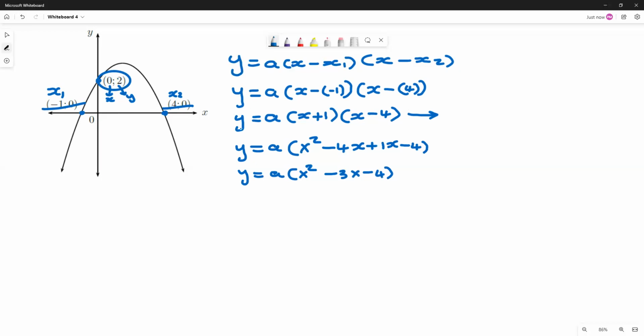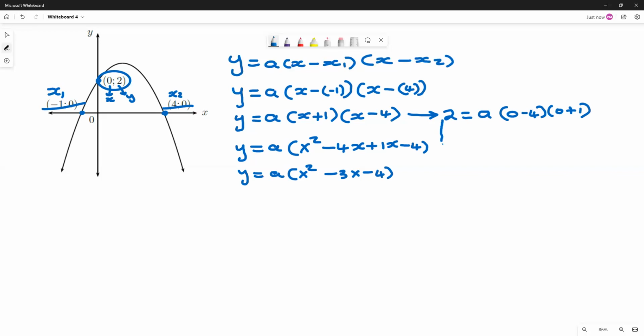So my y is here, which is 2, equals a. And then I substitute 0, which is x, and then 0 plus 1. Let's see what we're going to have here.